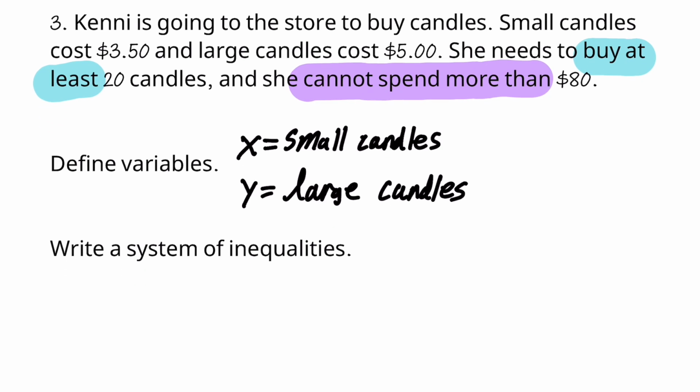Okay, again, we are going to keep the cost with the cost. So dollar signs will go with dollar signs. So we can say it's going to be 3.50 X, that's my small candles, plus the price of my large candles, $5.